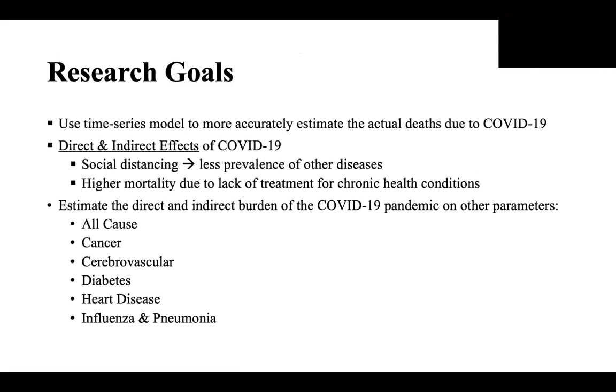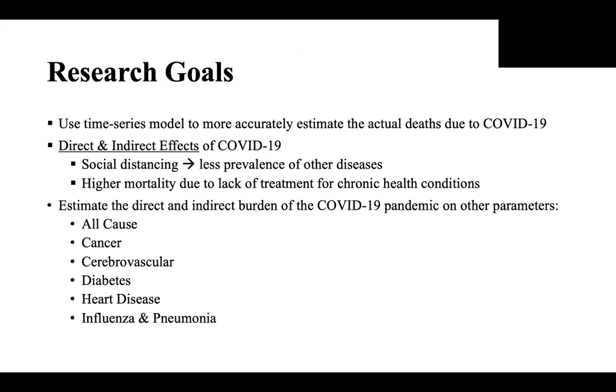I have three main primary research goals. The first is to use a time series model to more accurately estimate the actual deaths due to COVID-19. The second research goal is to examine the direct and indirect effects of COVID-19. For example, how does social distancing impact the prevalence of other diseases?